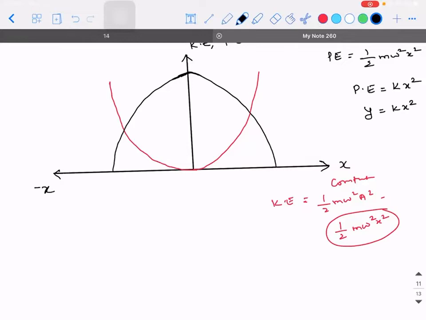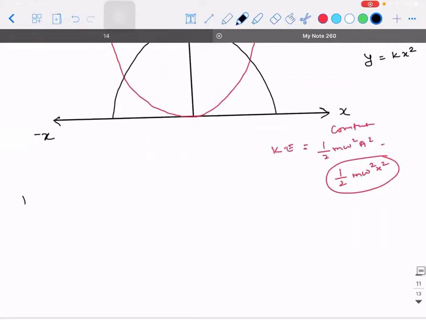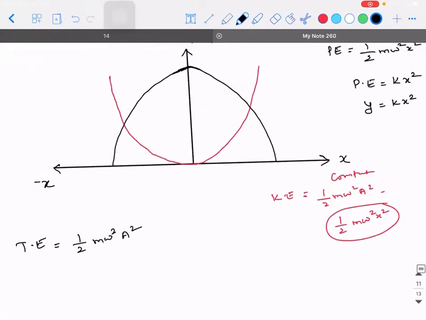Are you guys able to understand this? Right. Now, what can you say about the total energy? Total energy is half m omega square a square. Is it dependent on x? No, sir.